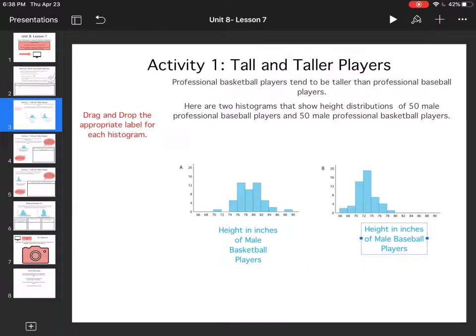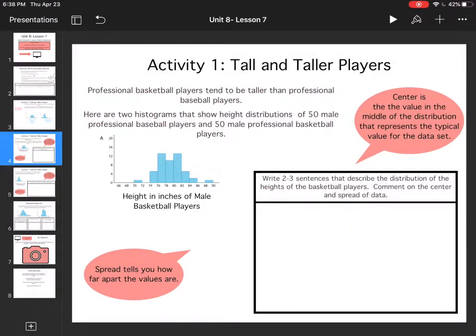Wow, that person's really tall. Look at that. Okay, so now professional basketball players tend to be taller. Write 2 or 3 sentences that describe the distribution of the heights of the basketball players. Comment on the center and spread.